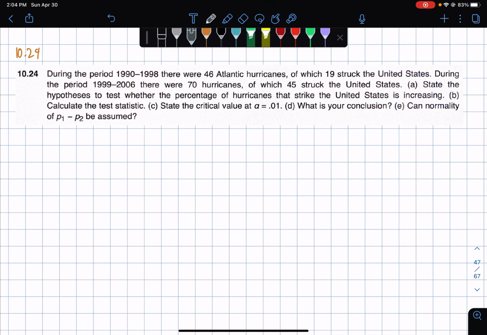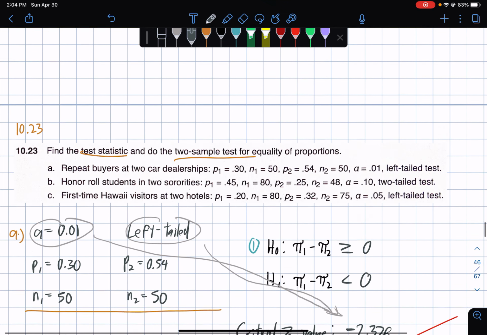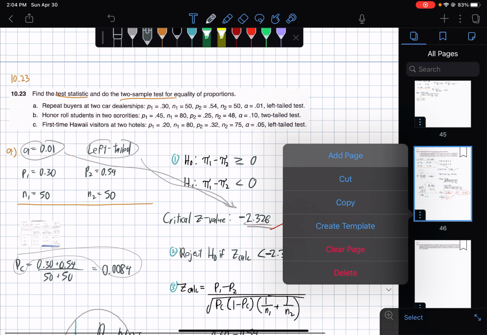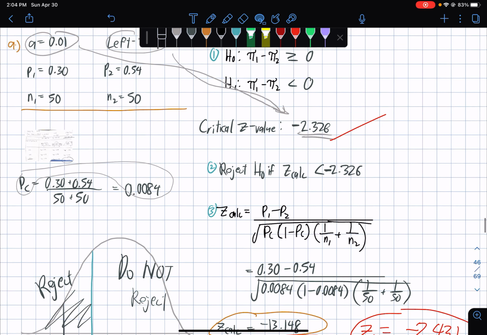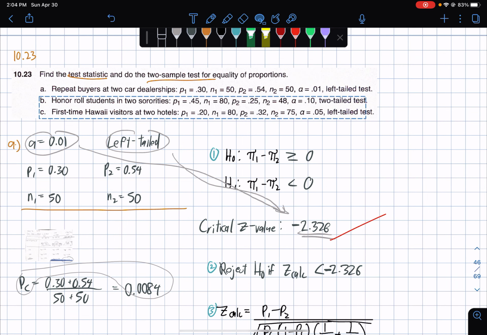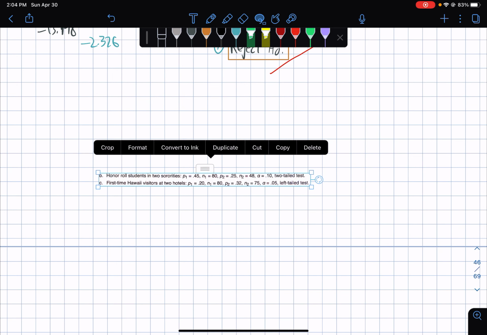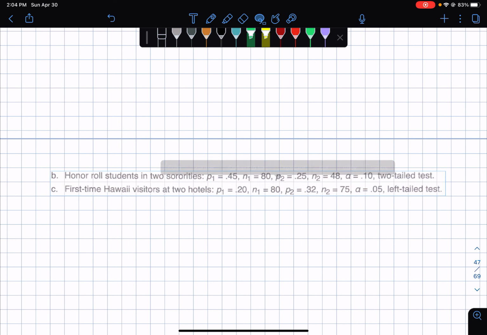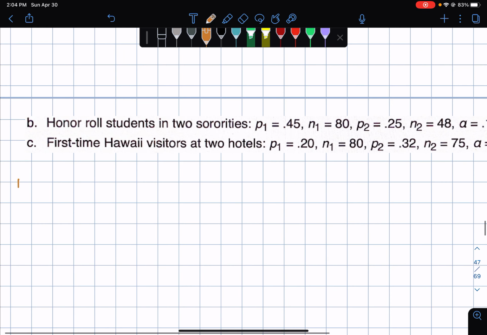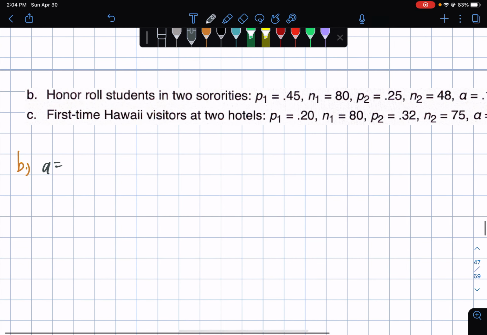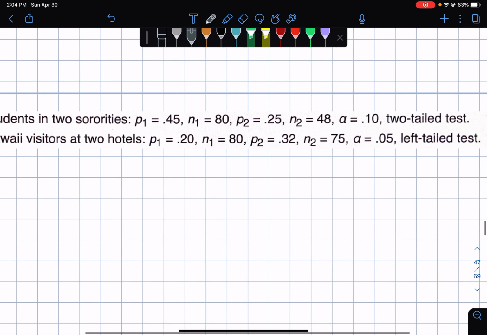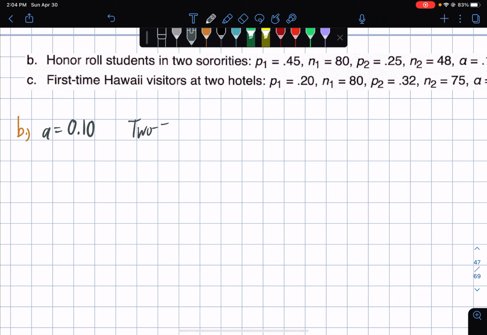Okay, for 10.24. Oh wait, we haven't even done letter B and C yet. Okay, so for letter B, we have A is equal to 0.10. This is a two-tailed test. We have P1, which is 0.45.